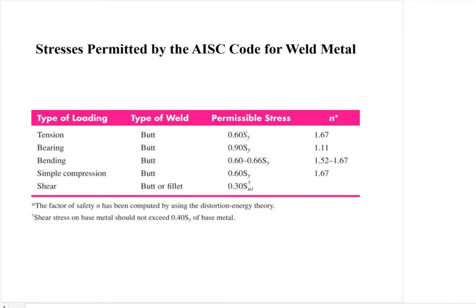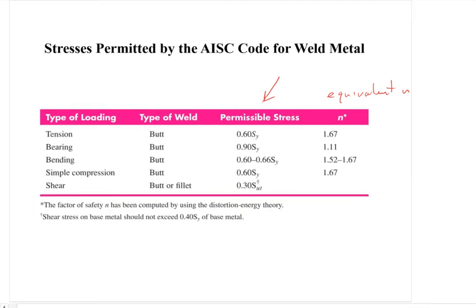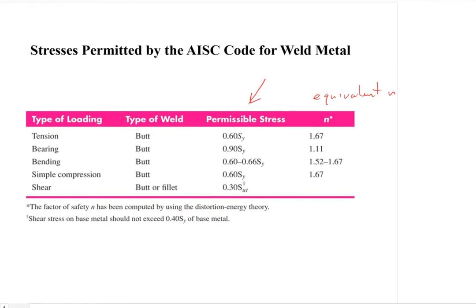They have some permissible stresses. This is right here. This is instead of a factor of safety. So this is the equivalent factor of safety, but they're not using one.